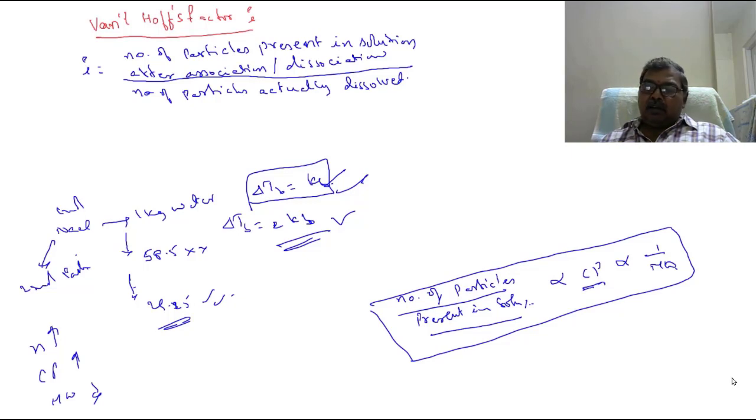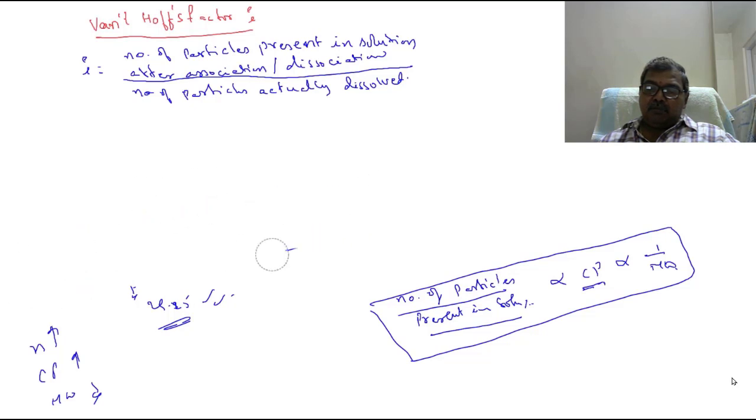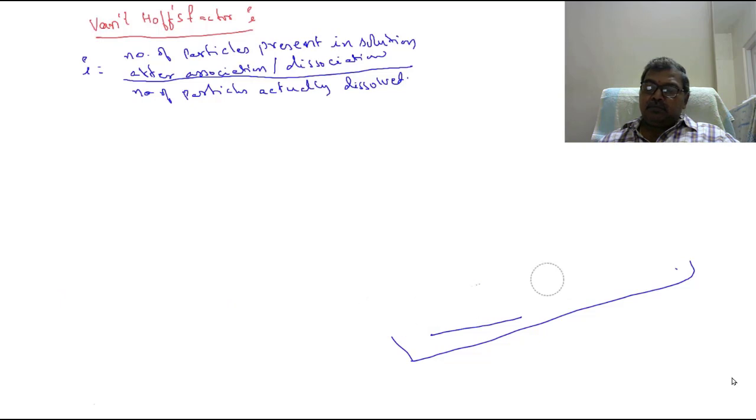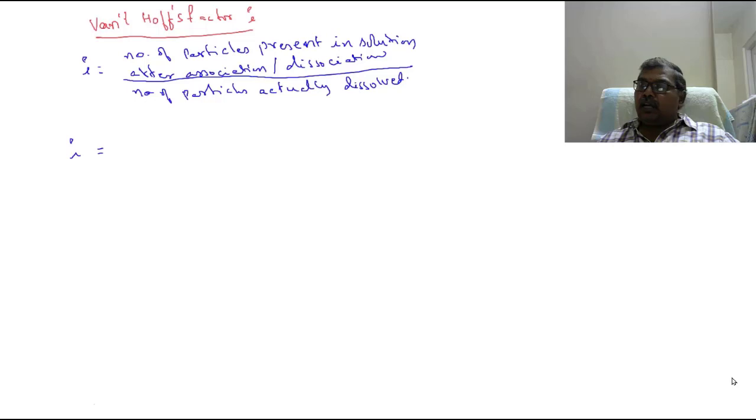Right? Now, note it. So, therefore, i can also be calculated by using colligative property.